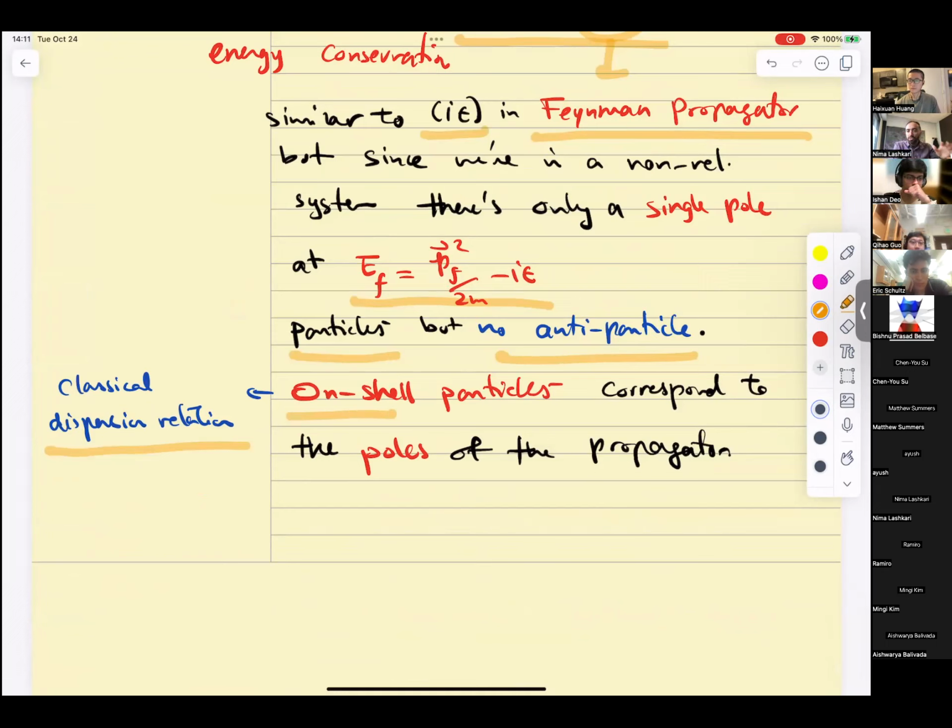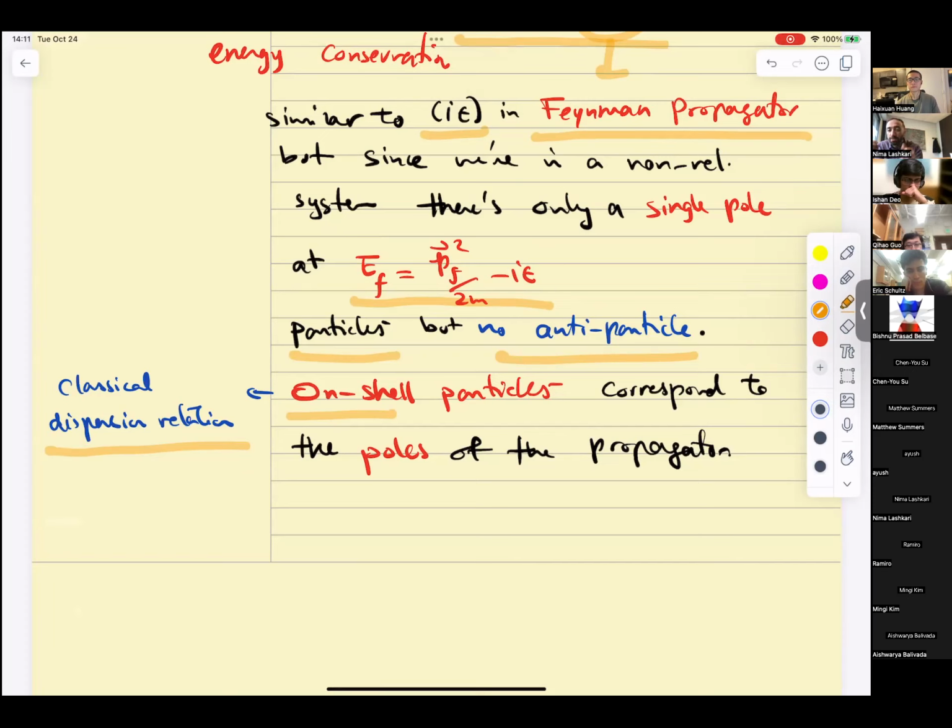So let's just summarize the physics that we're learning. We took the propagator. The propagator is a function of initial space and time and final space and time. We knew that because of translation symmetries in time and space, we could get rid of some of these variables.